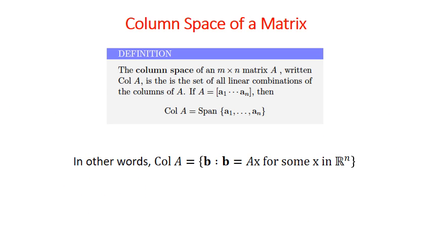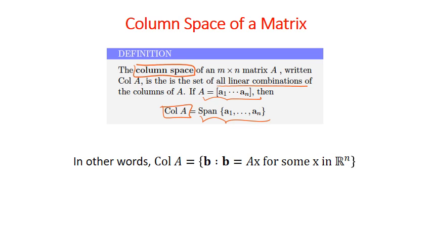So now we're going to step away from the null space for a moment and talk about the column space of a matrix. The column space of an m by n matrix, and that's denoted in this way, is the set of all linear combinations of the columns of A. So if A equals this, then the column space of A is the span.